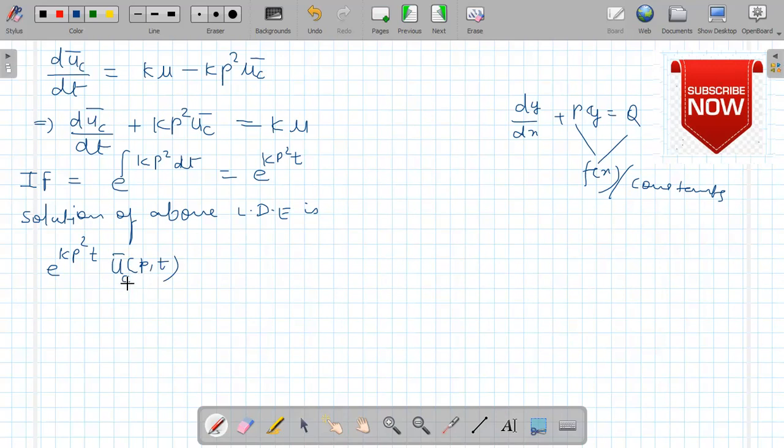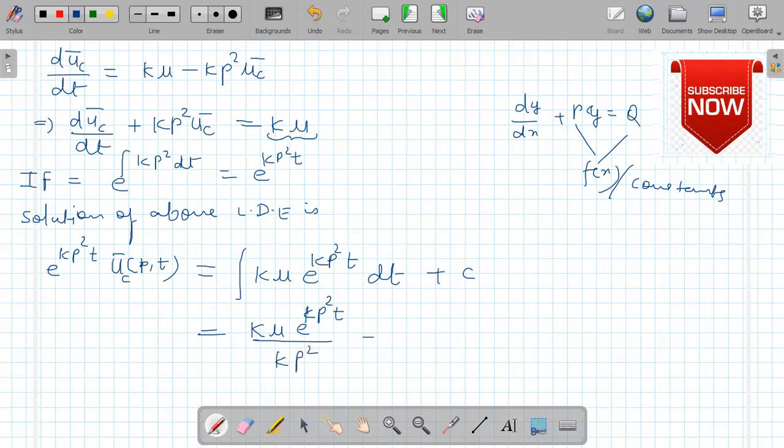So after taking the Fourier cosine or sine transform, we always get the function of p. That's why x is replaced by p here. And integration q, which is k into mu, this is q, and integrating factor is e raised to kp square t dt plus c. K mu e raised power kp square t whole divided by kp square plus c.